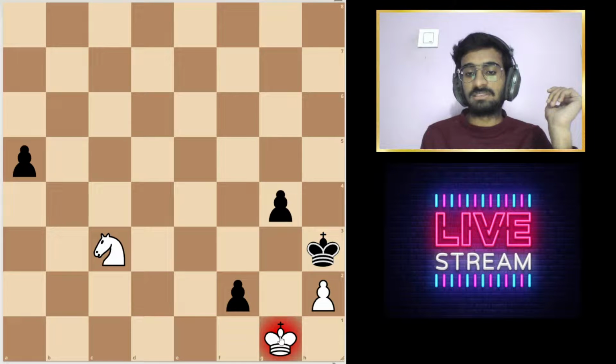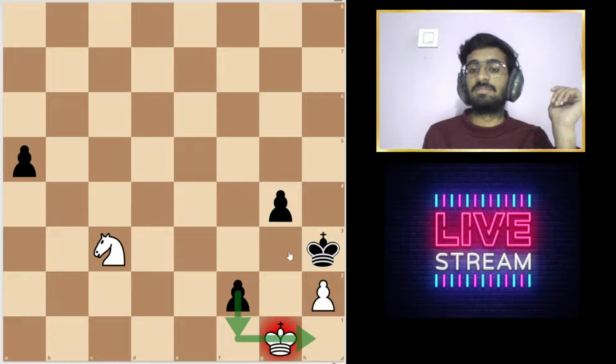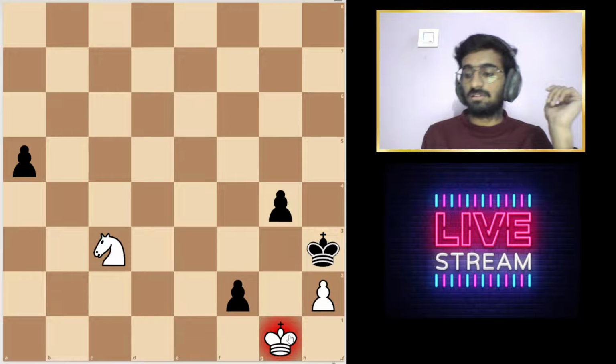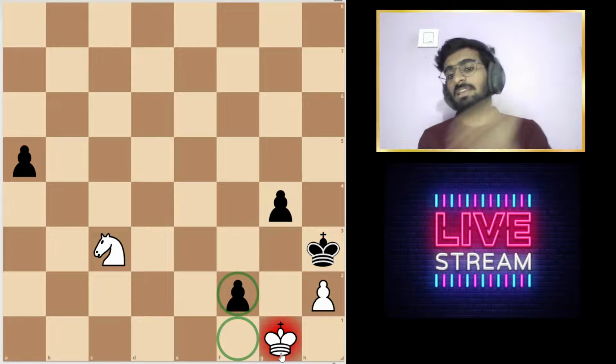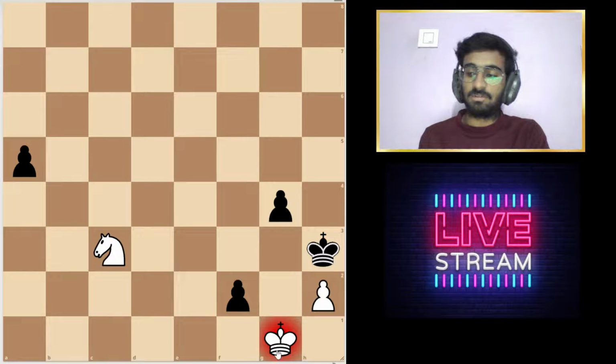So the only options are king h1, king f1, king takes pawn. If you go king h1, pawn push, and you will be getting checkmated. So the only two options you have to calculate are either to take or to play king f1. Do you want to take the pawn or do you want to play king to f1?